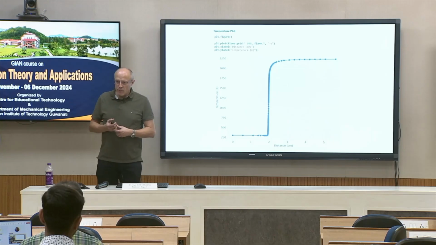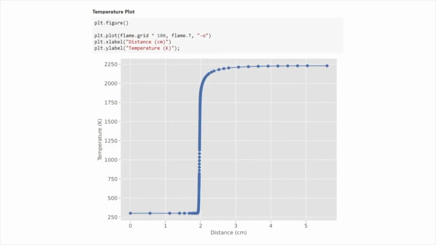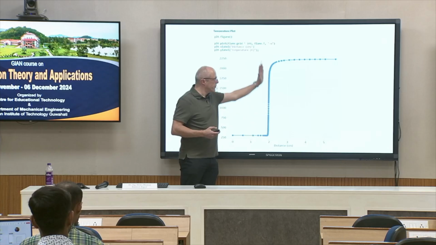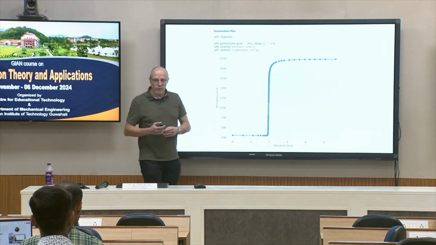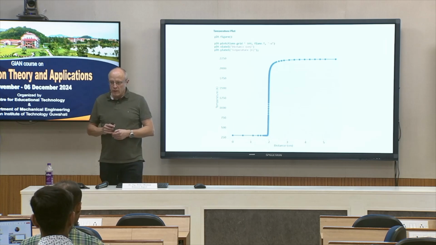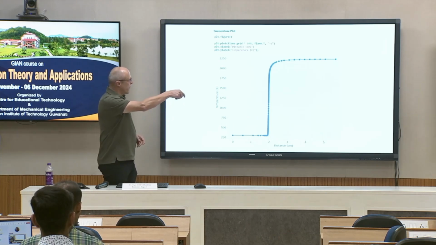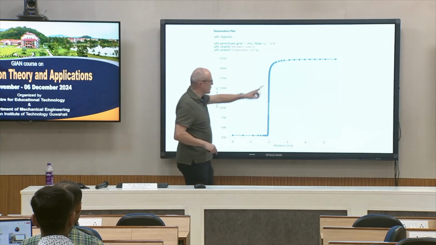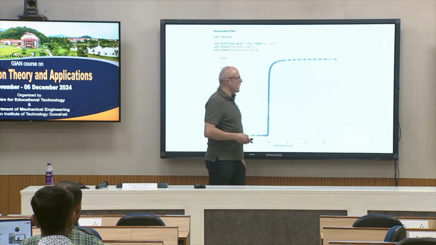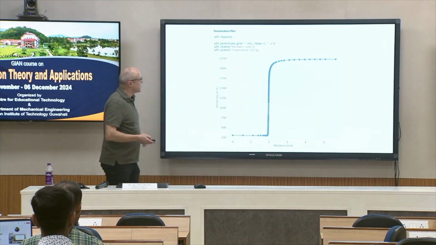And here we get a typical result. The temperature now is a function of distance. So cold unburnt mixture, and after a given distance we reach the flame front, and here combustion takes place, and finally we get the exhaust gas here with the adiabatic flame temperature.